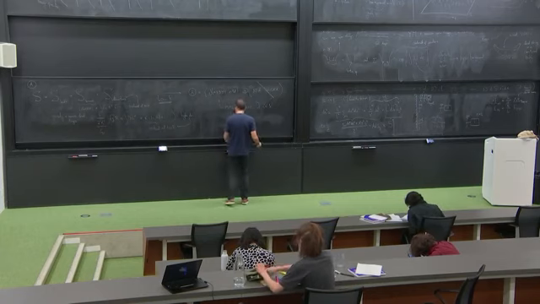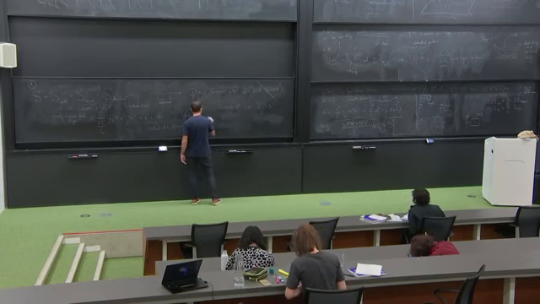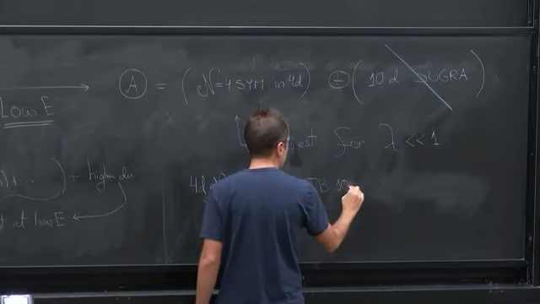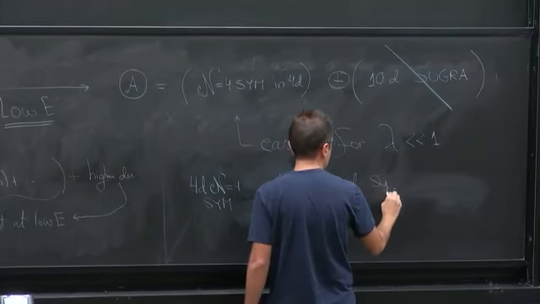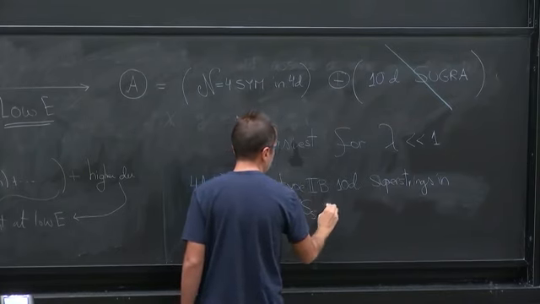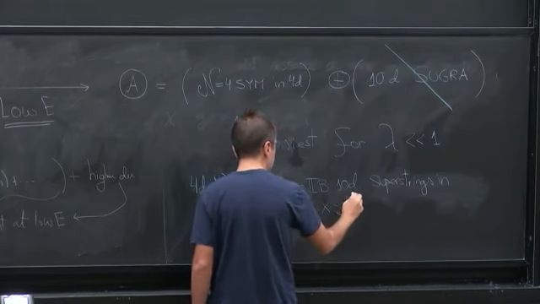And we conclude that 4-dimensional N equals 4 super Yang-Mills, the full theory, is equal to type 2B 10-dimensional superstrings in a 10-dimensional background, which is AdS5 times a 5-sphere.